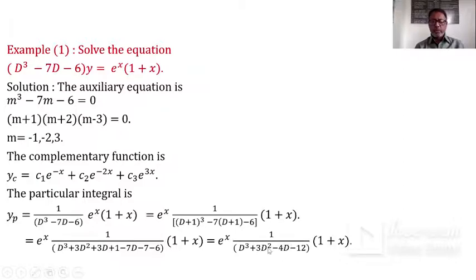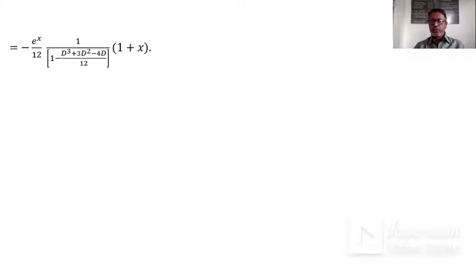Now when we want to operate this on 1 plus x, we have seen in the previous topic that when we operate 1 upon f of d on terms of the type x to the power m, we have to take the lowest degree term outside, and then we use the expansion of the type 1 upon 1 minus alpha or 1 upon 1 plus alpha and so on.